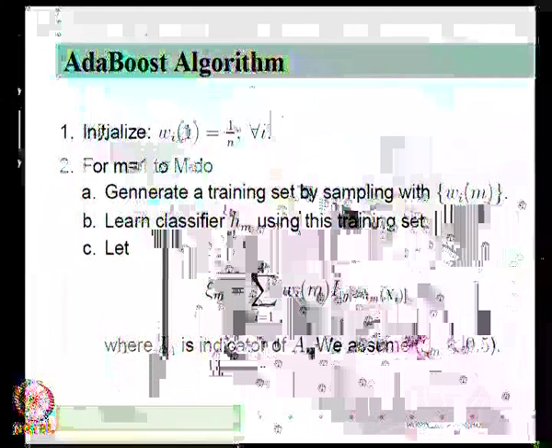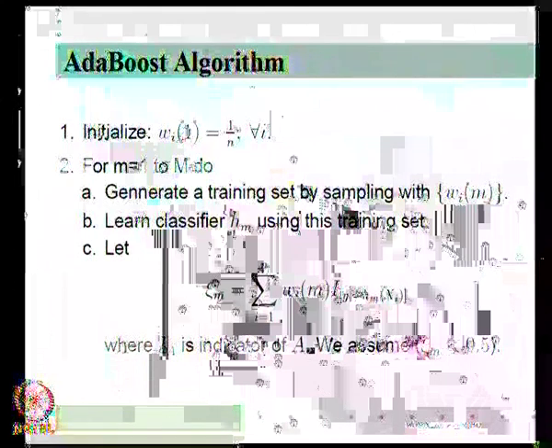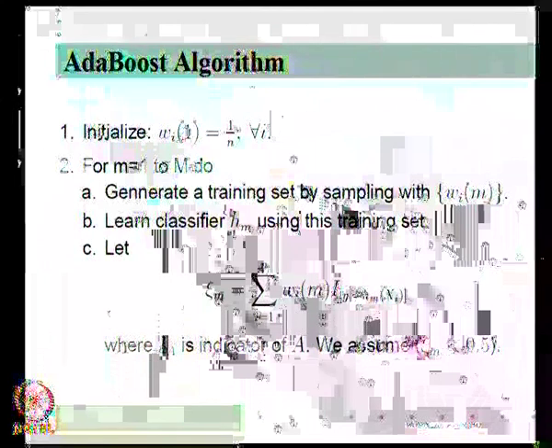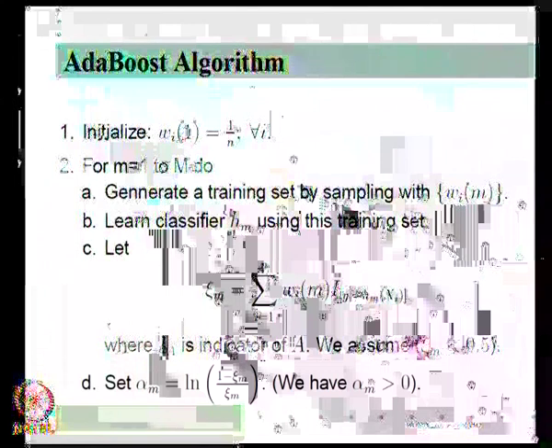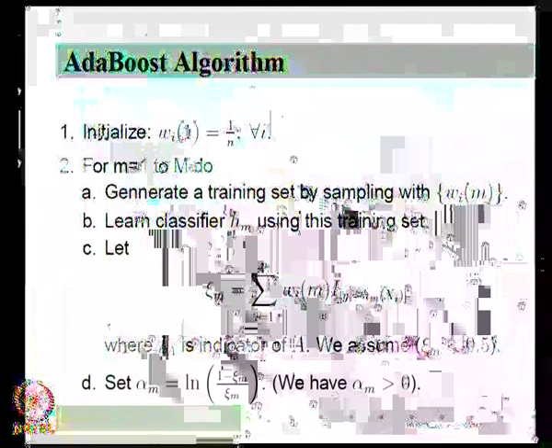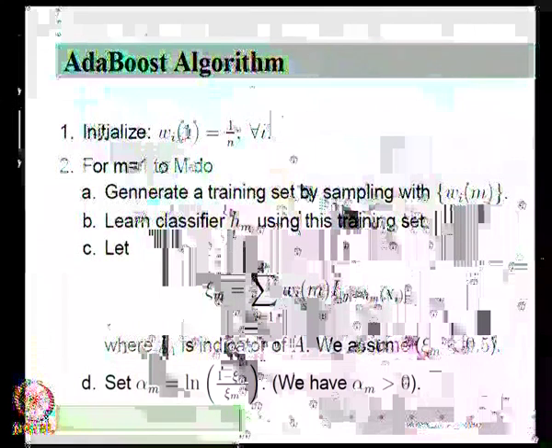I once again get another data set by randomly sampling with the current weights only, and learn again. Very often, many of these classifiers are reasonably good. So, even on hard data sets, they can give better than 50% accuracy. So, we mostly always get xi m less than 0.5. Then we calculate alpha m, which is the natural logarithm of 1 minus xi m by xi m.